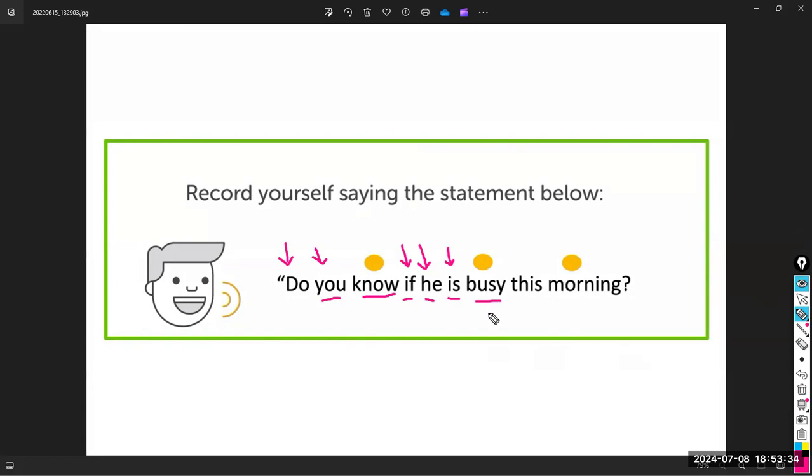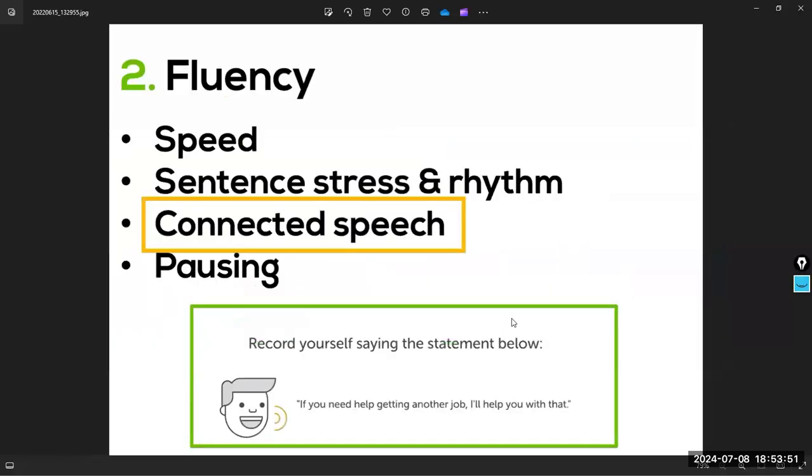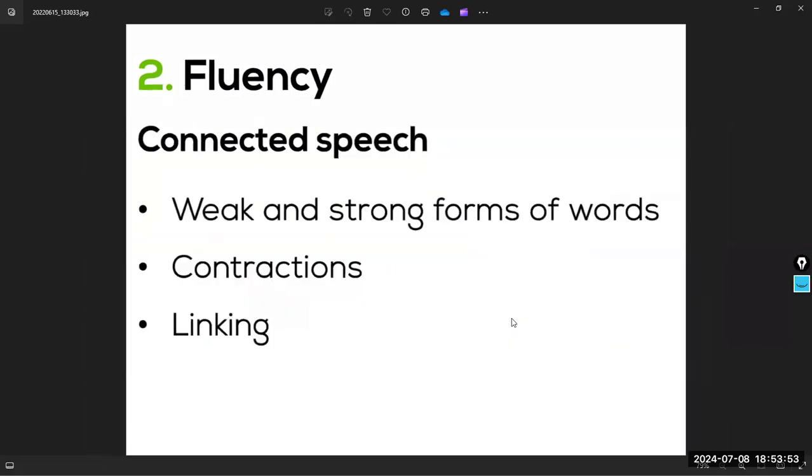Busy is an adjective, absolutely, it should be stressed. This, that, these, those, they don't have to be stressed. Morning, absolutely, you have to stress morning because it is an adverb of time. So these are the main words that should be stressed.